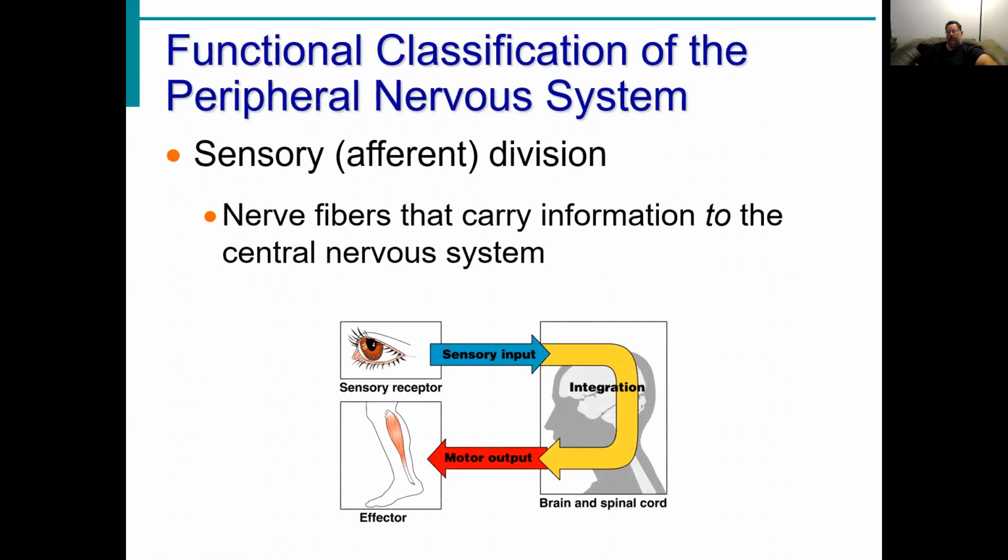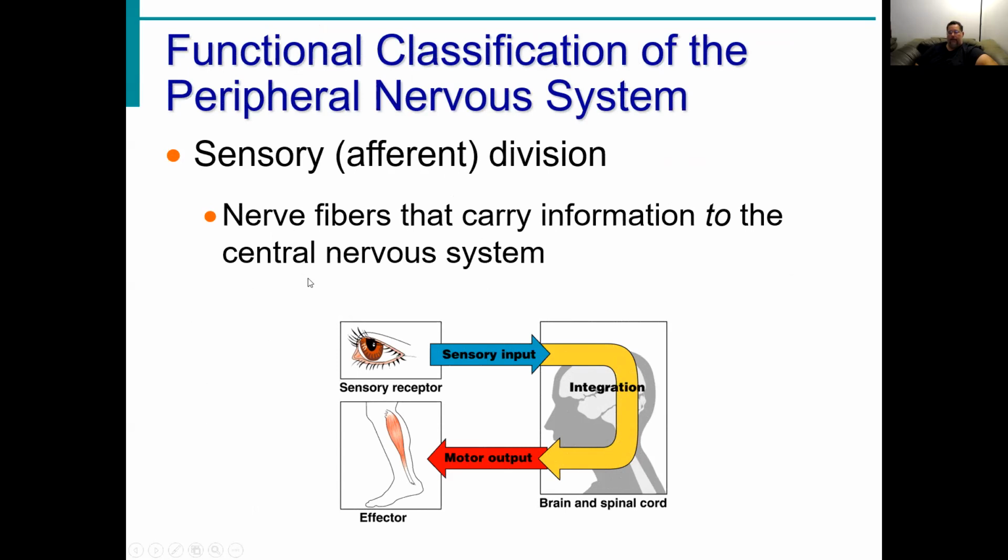So this is to kind of give you an idea of how the nervous system is classified. The peripheral nervous system includes both a sensory division and a motor division. So the sensory division would represent your ability to pick up senses like sight, smell, touch, and hearing.